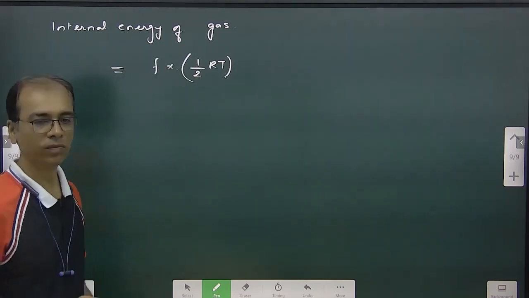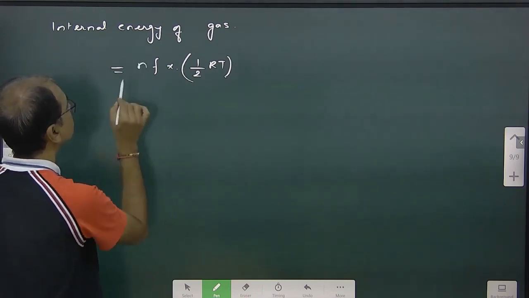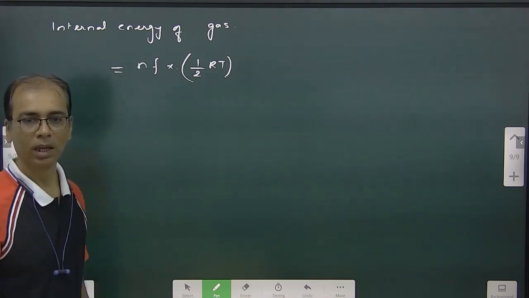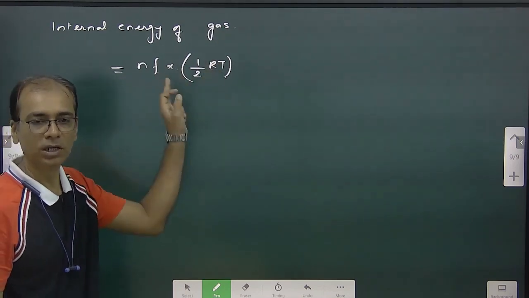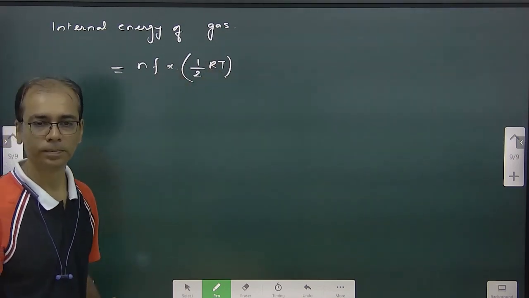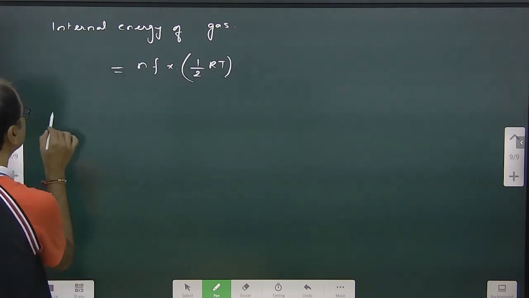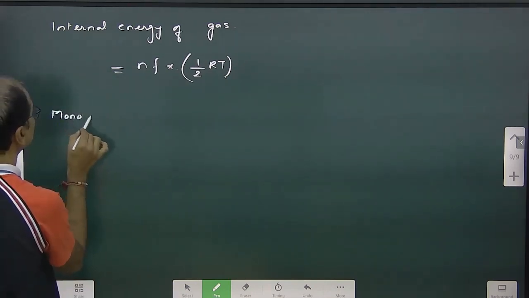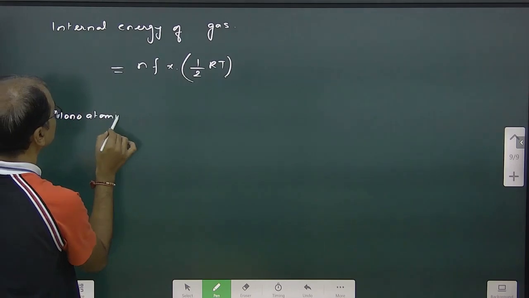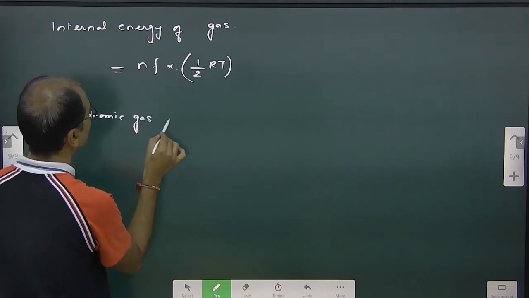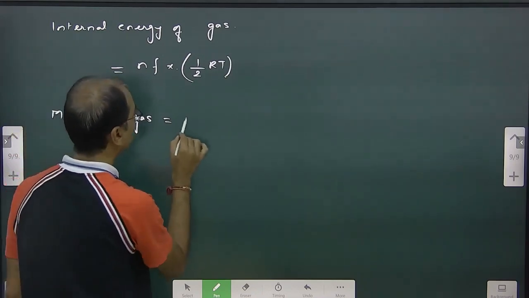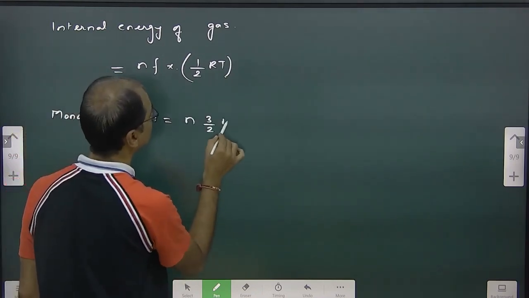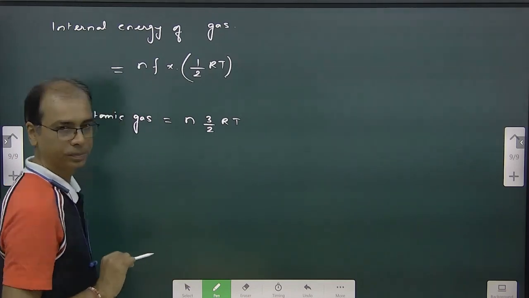And if there are n number of moles, then n f into 1 by 2 RT. Number of moles, degree of freedom, and each degree of freedom has half RT. Now we will say monoatomic gas. For monoatomic gas, how many degrees of freedom? 3. So n into 3 by 2 RT.